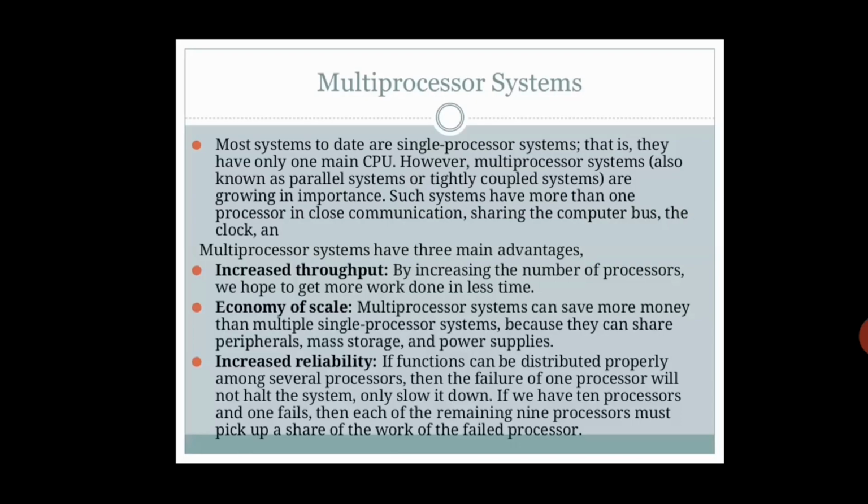Why? Because there will be a shortage of one particular hand or one particular processor, isn't it? So it may slow down the system, but ultimately it will never halt the ongoing process. That is the meaning. Okay, if we have 10 processors and one fails, this is the same example I just gave. So that means increased reliability. Reliability will be increased if you are going for a multiprocessor system.